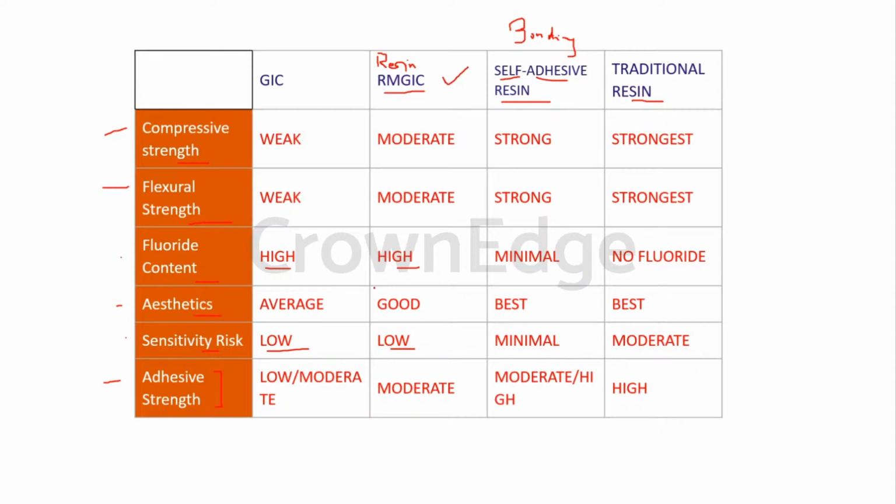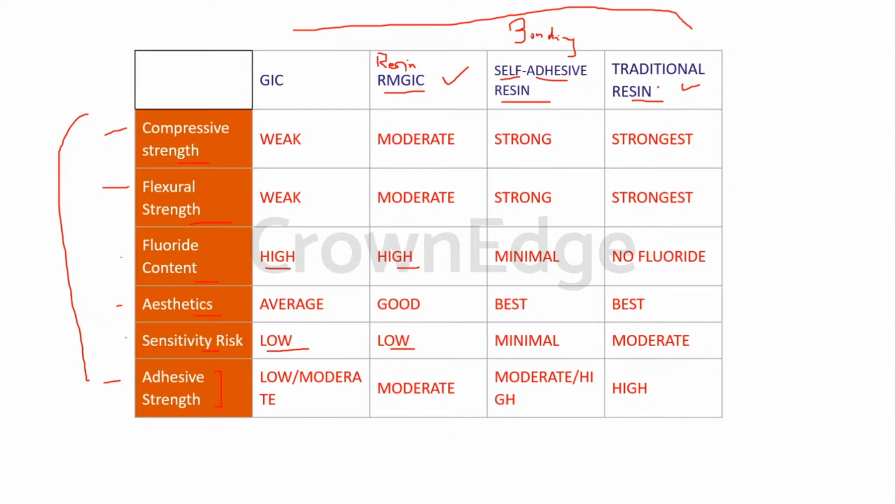If they directly ask which has the best compressive strength, then your answer is traditional resin cement. So be very careful with regards to what you're being asked, which property, and which cements you have to play with.